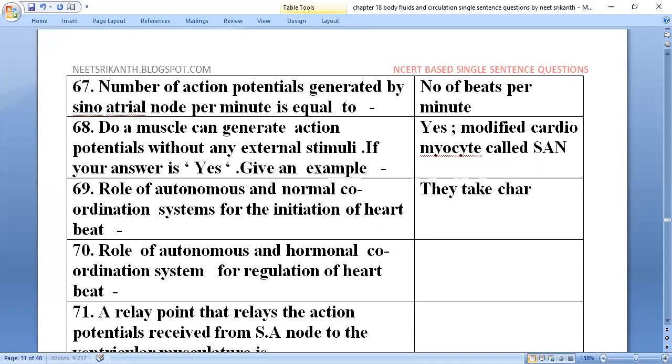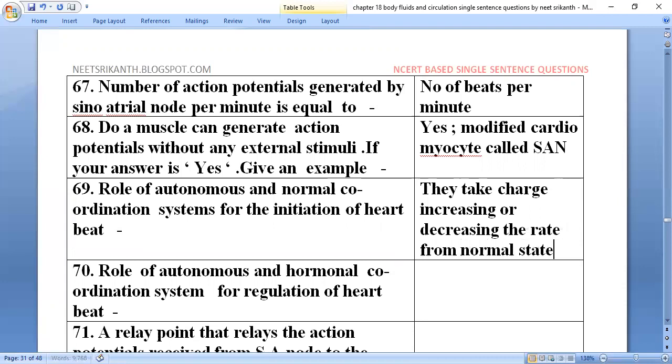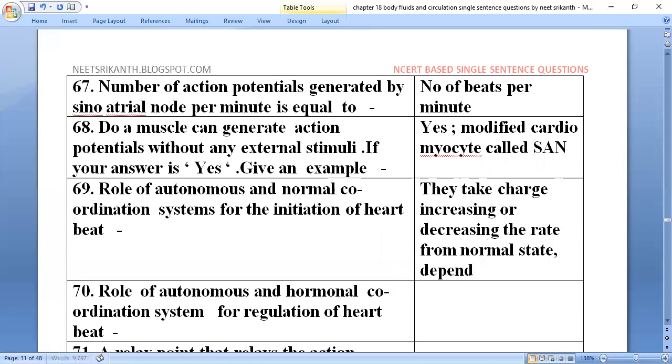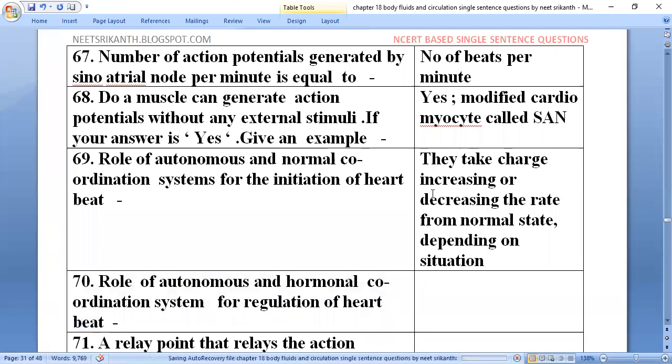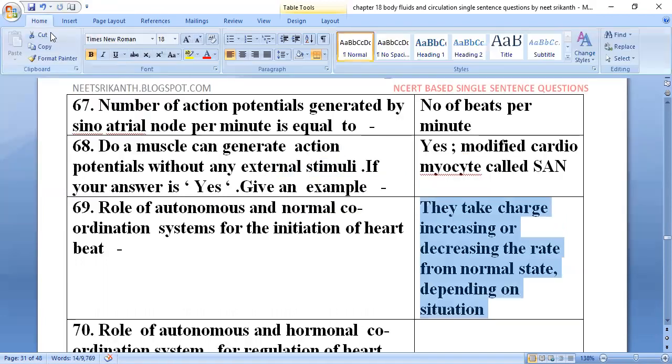Role of autonomic and hormonal coordination system for the regulation of heartbeat: they take charge, increasing or decreasing the rate from the normal state depending on the situation. Role of autonomic and neural coordination system for the initiation of heartbeat: there is no role at all.